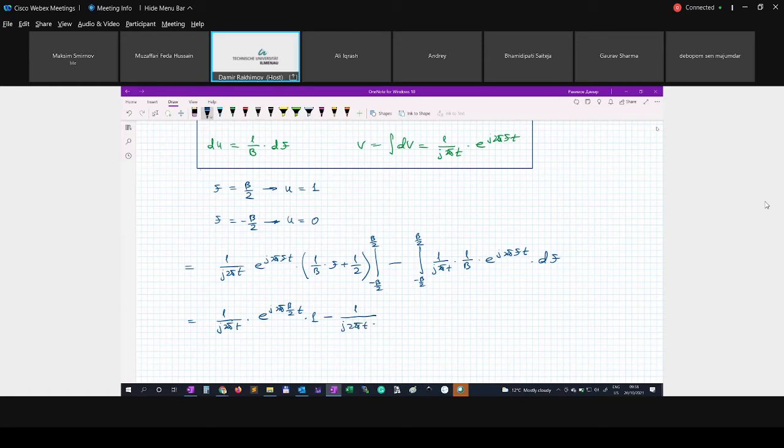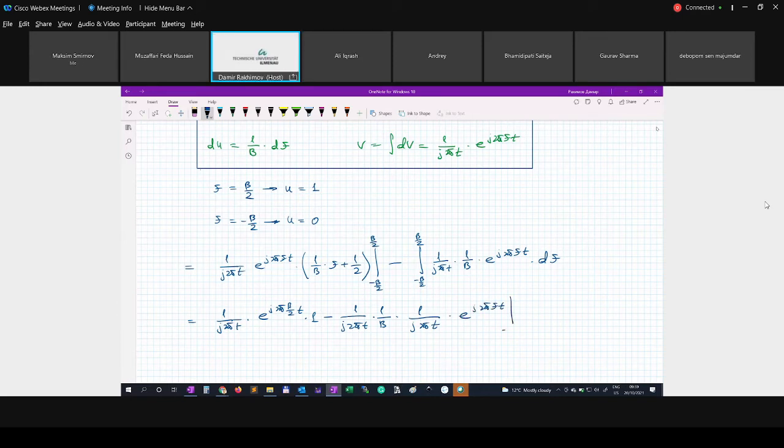t times, let's write it separately, 1 over capital B, and then we have this is just exponential function. Yeah, we just calculate integral of an exponential function, 1 over j 2 pi t times exponential function j 2 pi f t.